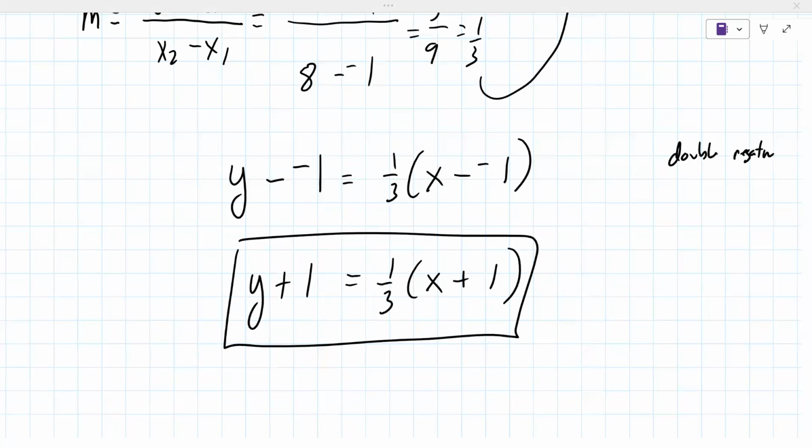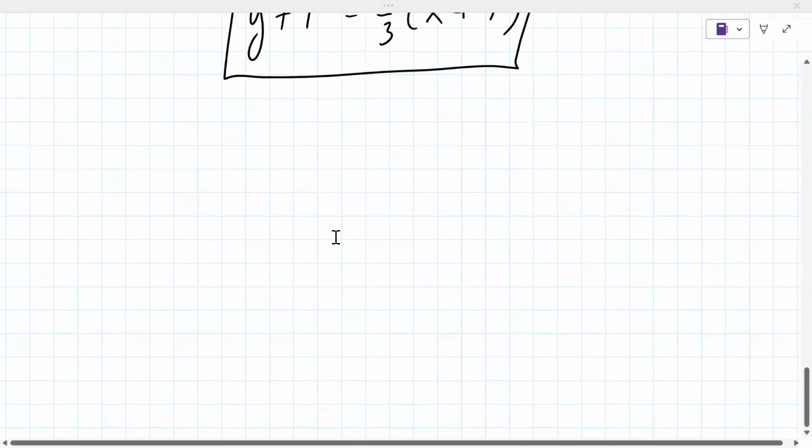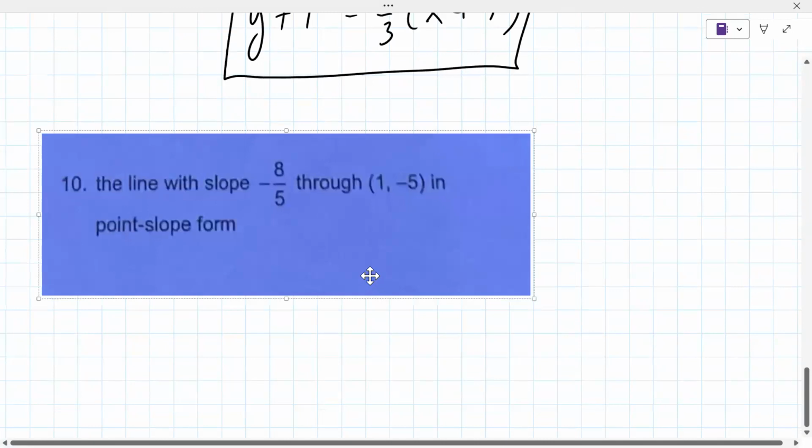All right, so I'd like you to try number 10. 10 is like 6. So go ahead and work that one out and let me know your final answer whenever you've got it.